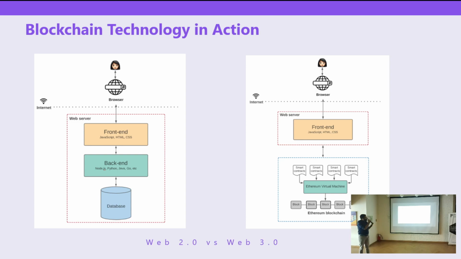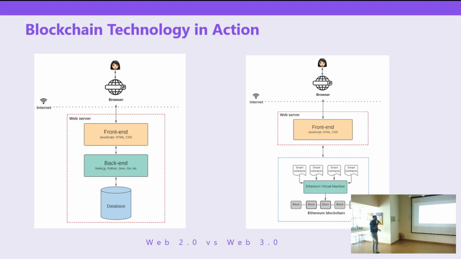Now, when you look at this, I'm not sure how clear it is for you guys, but what I'm trying to present here is two different phases of technology. On the left side, you have Web 2.0, what we currently use. Whatever technologies exist there mostly utilize 2.0, with the three-tier architecture: the front end, back end, and the database.